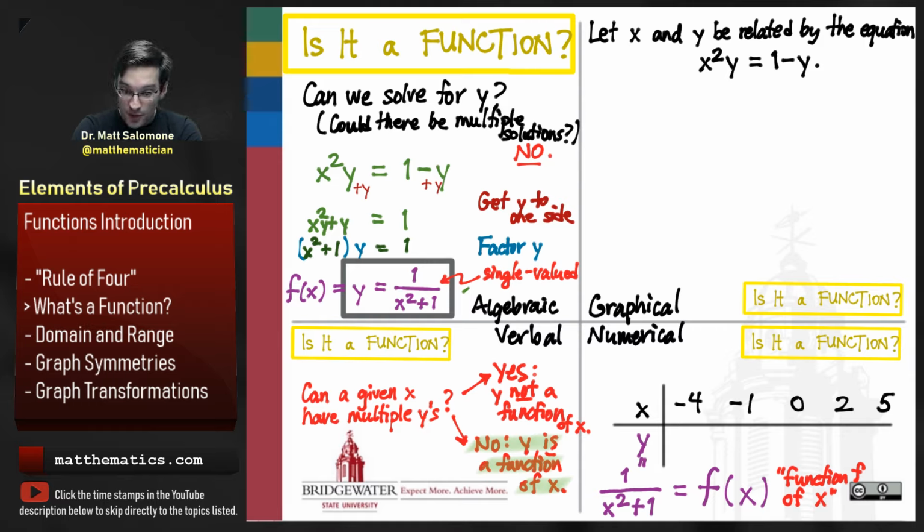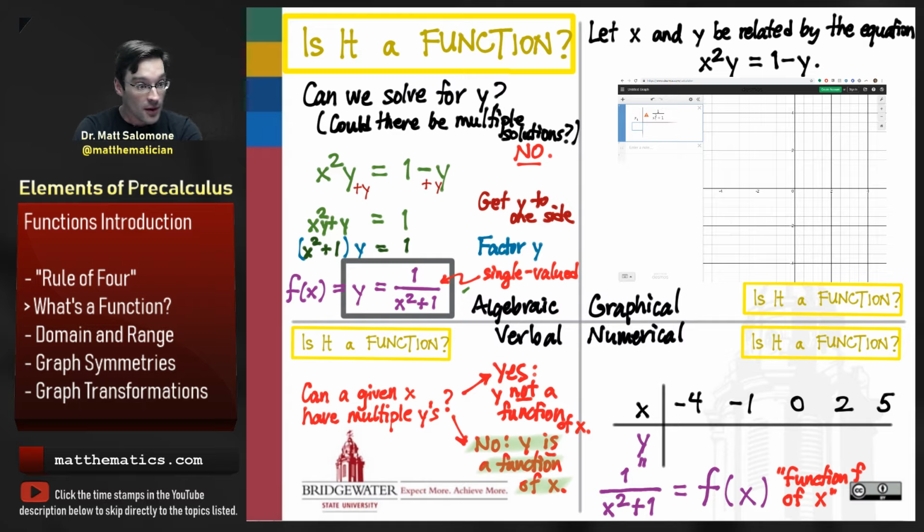So let's use technology to actually do those evaluations, because I don't want to do all the fraction arithmetic right now. I'm also going to have Desmos plot those ordered pairs that we get out of this process.